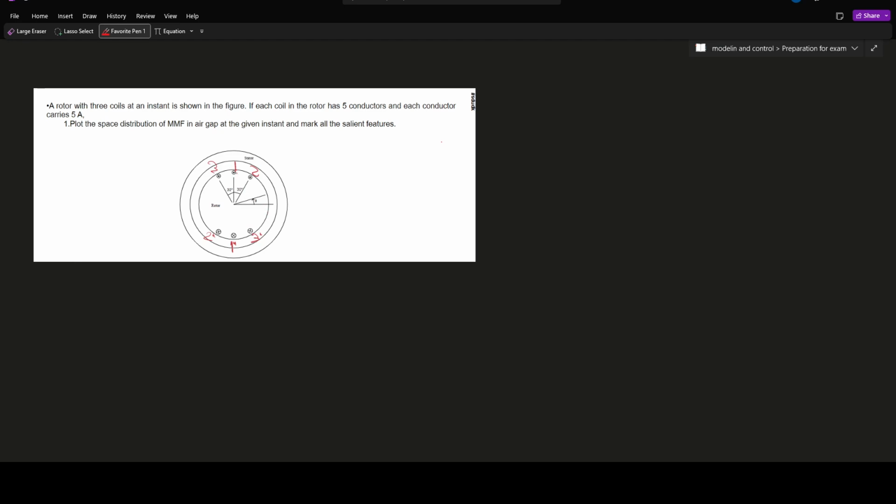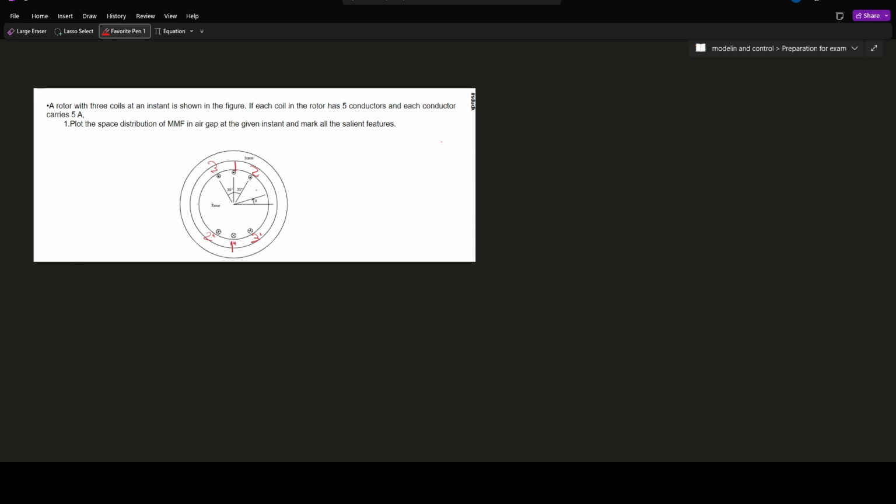So we have the convention that whenever there is a cross, it means that the coil is going into the page, and whenever there is a dot, it means that the coil is going out of the page. Out of the page like this. So they are connecting behind the picture.